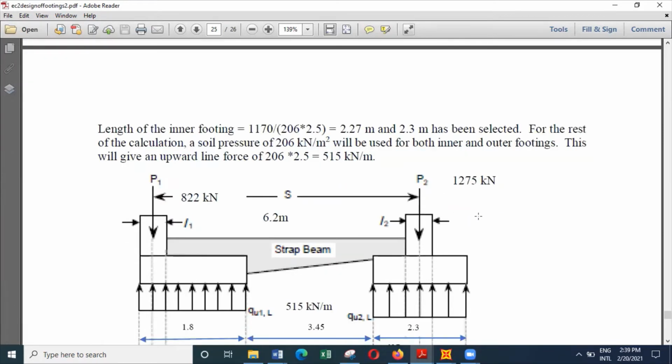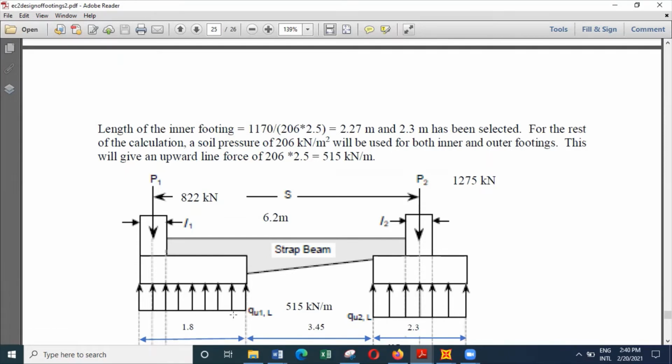And also, in addition to that, we are having an upward soil pressure of 206, and we have to multiply it by the width of the base, then we can get it as a line load. So basically we are having a line load of 515 kilonewtons per meter.